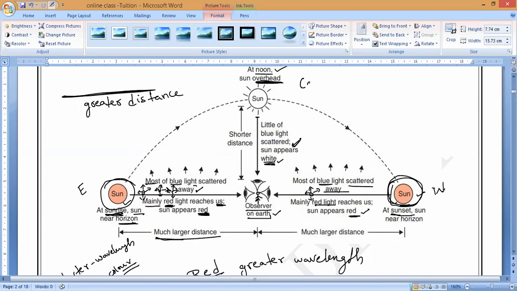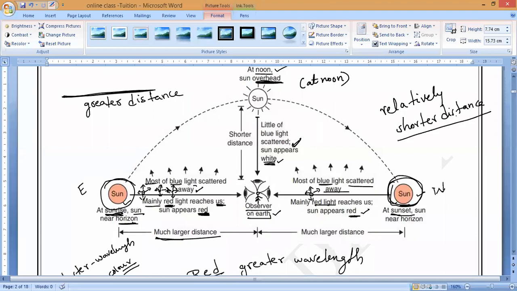At noon time. Then the light coming from the sun has to travel a relatively shorter distance compared to morning and evening. So what is happening, guys?